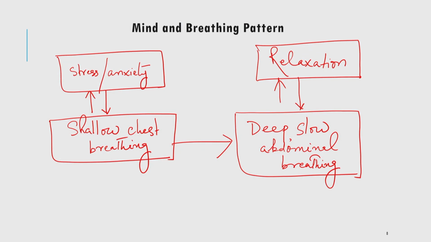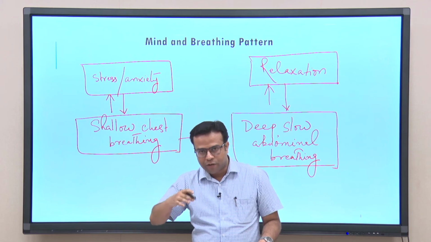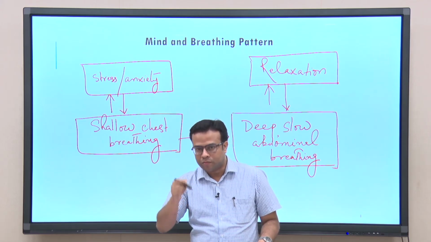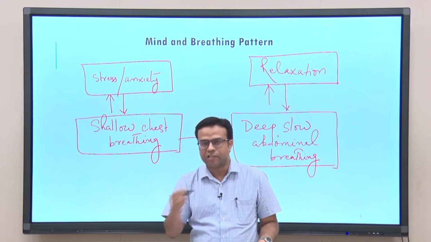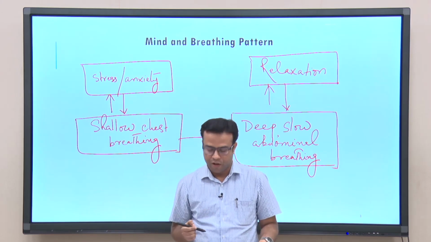instead of shallow chest breathing, if we induce deep slow breathing at the moment when we experience stress, it will slowly change our mental experience of stress and anxiety and replace it with a relaxation response.